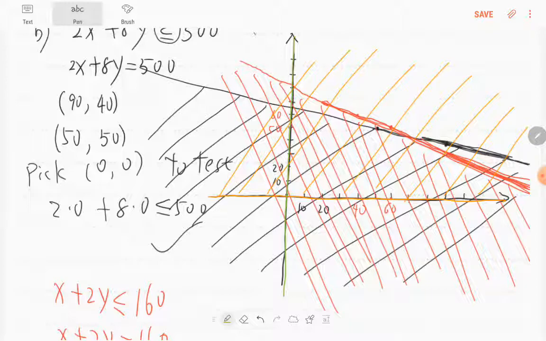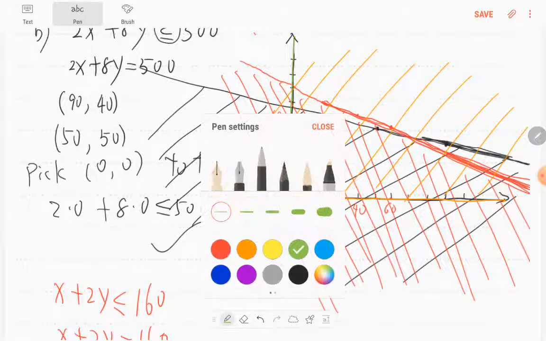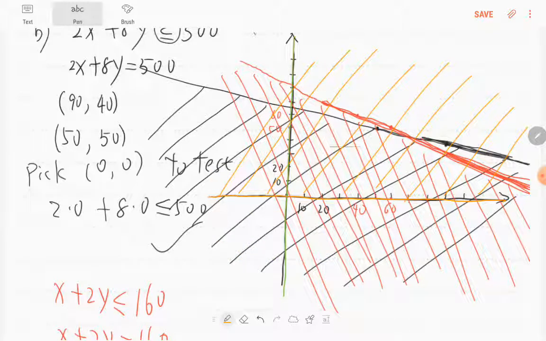Sorry, I made a mistake. This yellow line is y greater than or equal to 0, above the x-axis. And green is x greater than or equal to 0, so right of the y-axis.